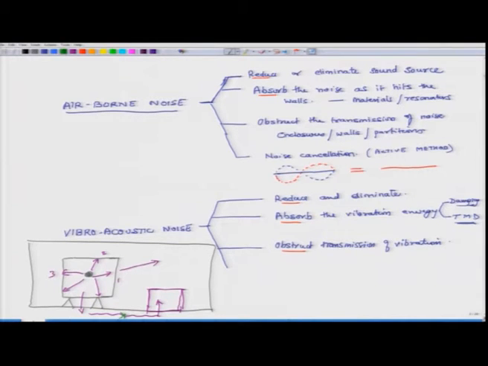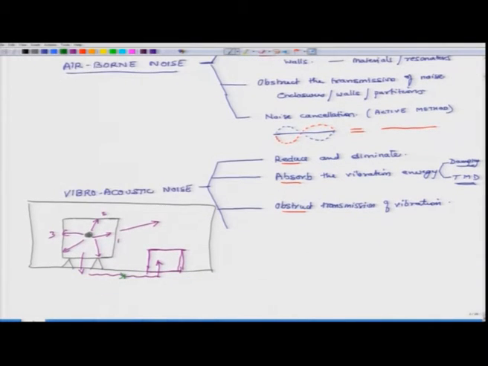Now, the way people do it very effectively is they make sure that this machine is on a different foundation. So, maybe this is on a different foundation. When I look at the foundation of the structure, it is like this, and so this is on a different foundation than the other machine.